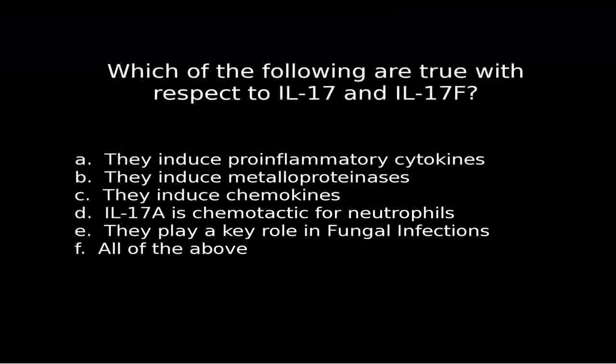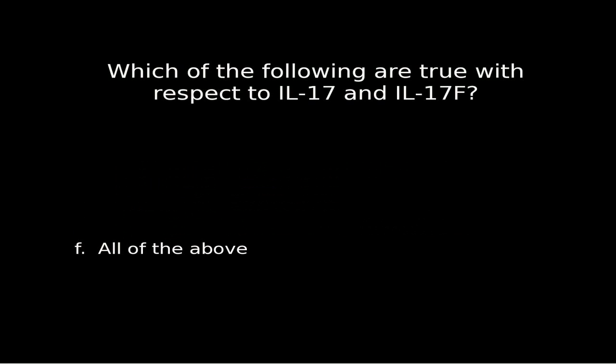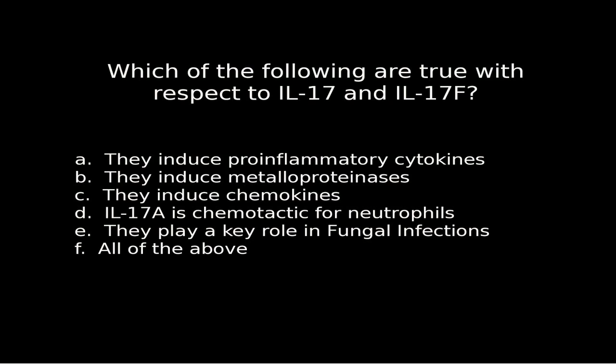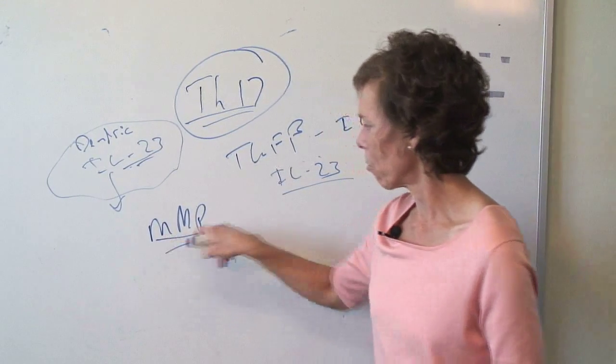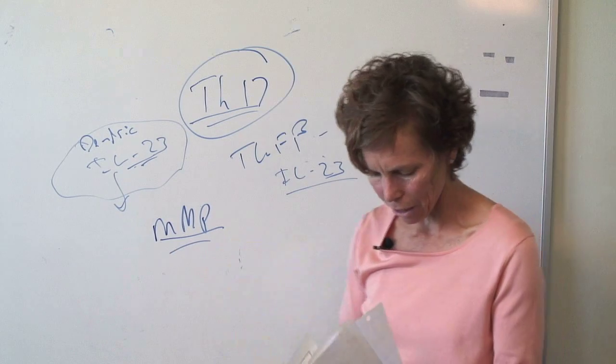Of course, the next question is, which of the following are true with respect to interleukin 17 and interleukin 17F? This is a laundry list of things that these cells do, and you can understand why they're very instrumental in inflammation. All of the above are true, but let's go through it for the sake of the fun we're having with inflammation. A, they induce pro-inflammatory cytokines, which we talked about. B, they induce metalloproteases, sometimes put into the acronym MMP.